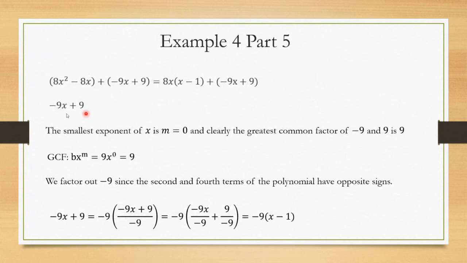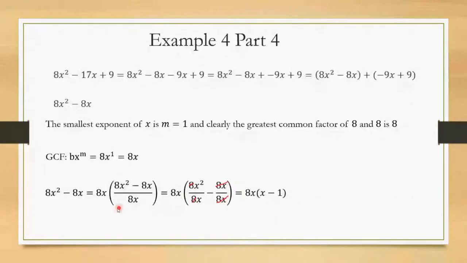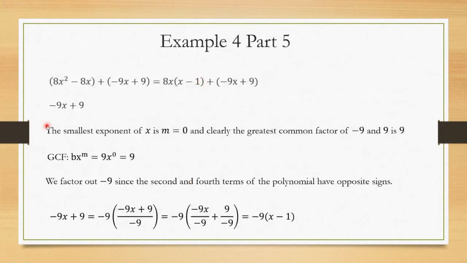Okay, let's do that. Here also, I replaced the first group, 8x squared minus 8x, with this. That's what we just got, right here. So we have minus 9x plus 9, okay? And again, the smallest exponent of x, we take it to be 0, mostly because there's no x here.